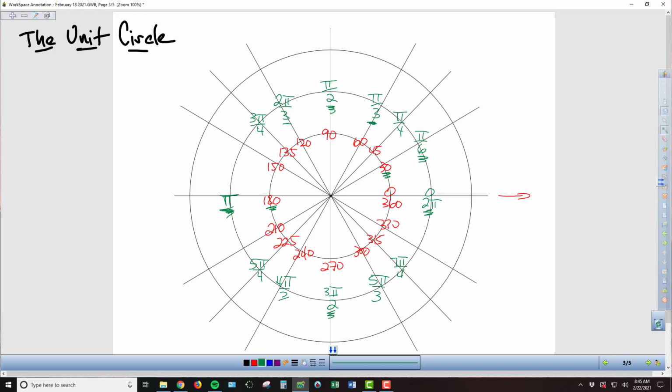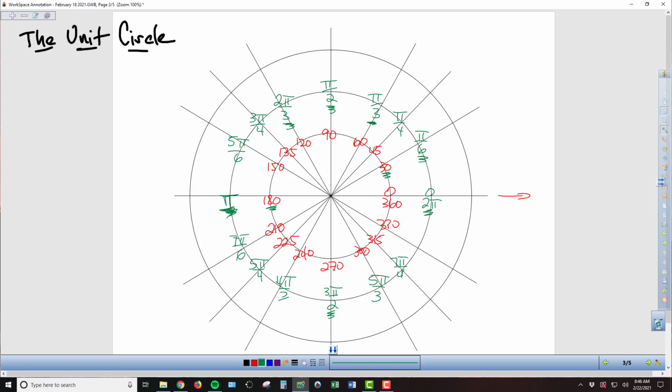4 pi over 6 at 120 reduces to 2 pi over 3. And then when we get to 150, that's now going to be 5 pi over 6 at this location here. So 150 degrees is the equivalent of 5 pi over 6. If we keep on going, rotate another 30 degrees, we're back to pi here. So we've got 6 pi over 6. Add 30 again, so add another pi over 6. 210 is 7 pi over 6.